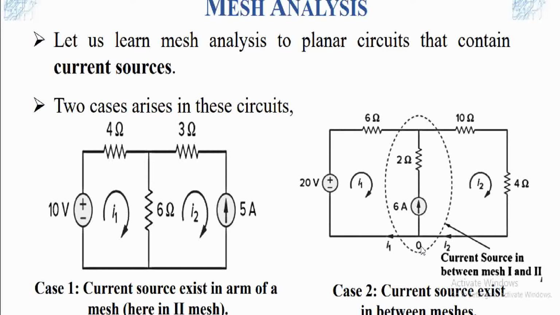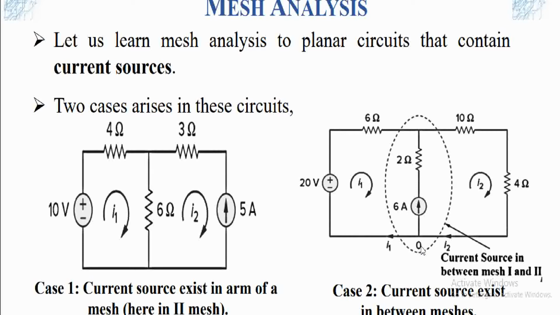Having a current source in a mesh makes the analysis of a circuit easy. So always expect a question having a current source. If it has a current source, in mesh analysis 50% of the work is done by the current source itself.